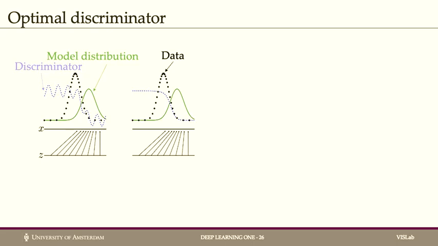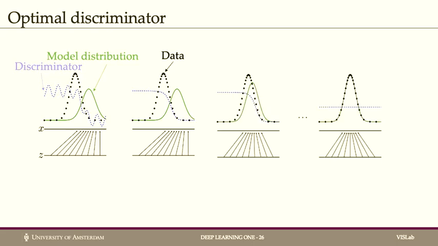The second column learns this sort of discriminating function between the different points. Once the model distribution gets closer and closer, at the last point it basically models the whole real distribution. The discriminator cannot tell anymore between real and fake.